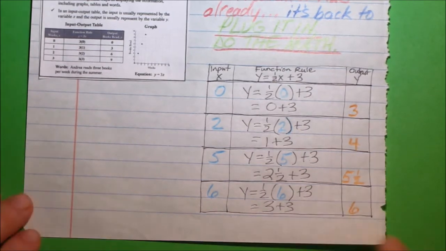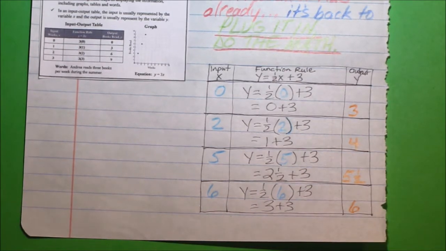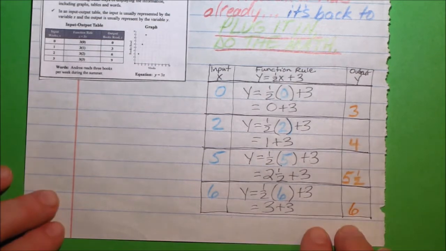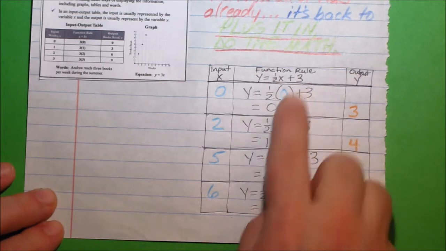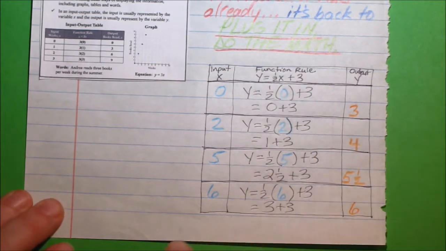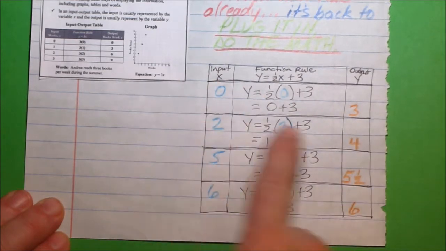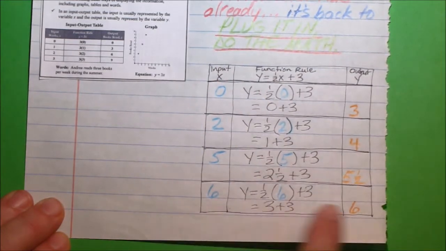All right? So now we've completed this input-output table for this function rule of y equals 1/2 x plus 3. All right? Okay, now, why do we do this? What can we do out of this? Well, what we can get for this function rule is 4 sets of ordered pair, x and y, x and y, x and y, x and y.